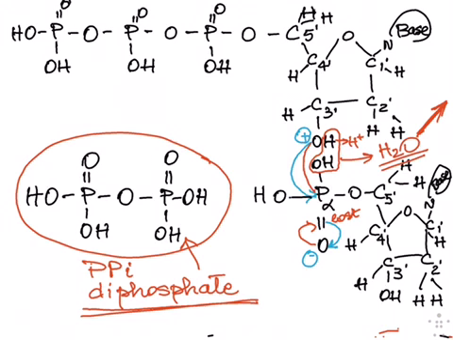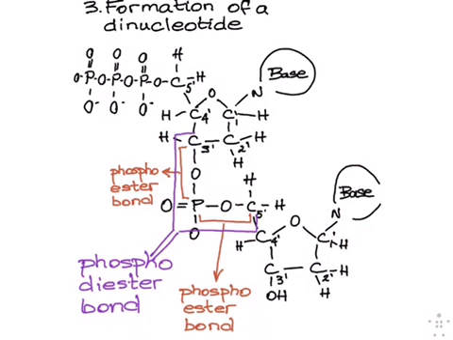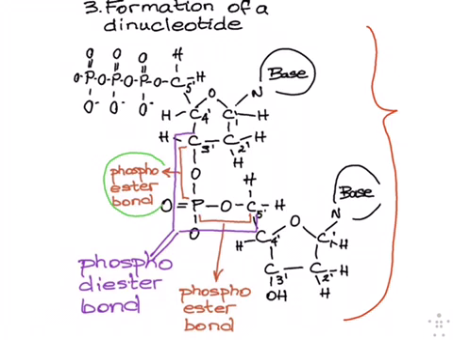So in conclusion, I want to show you the final product. The final product is a dinucleotide, two nucleotides bound together, okay? And they're bound, I'm going to use the green color, by this phosphoester bond. This is the new phosphoester bond, okay?